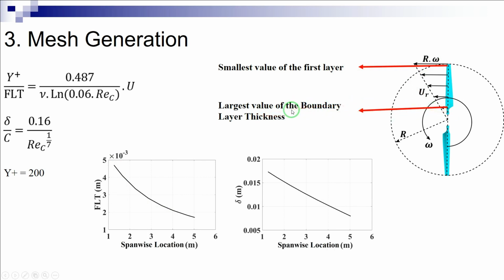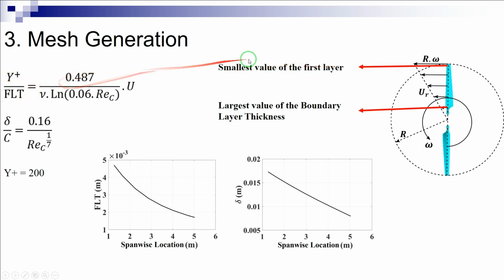Thus, to cover the whole boundary layer close to the blade surface with the highest resolution, the boundary layer thickness at the blade root and the first layer thickness at the blade tip are applied over the entire rotor surface. Thus, for the region close to the rotor surface, a set of prismatic cell layers are used to prescribe the desired y plus value over the blade surface by applying the first layer thickness calculated for the blade tip using this equation.